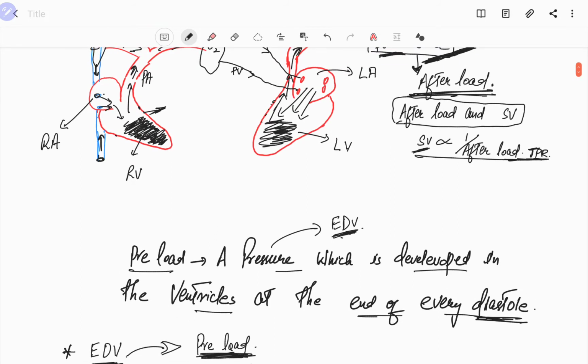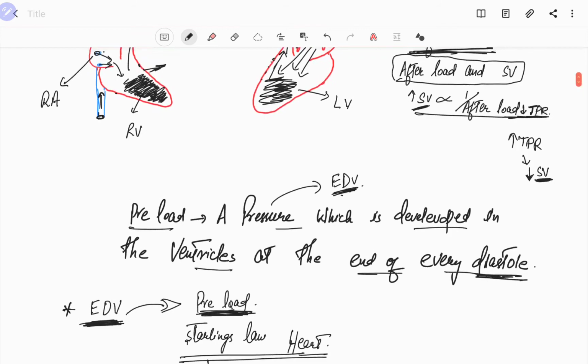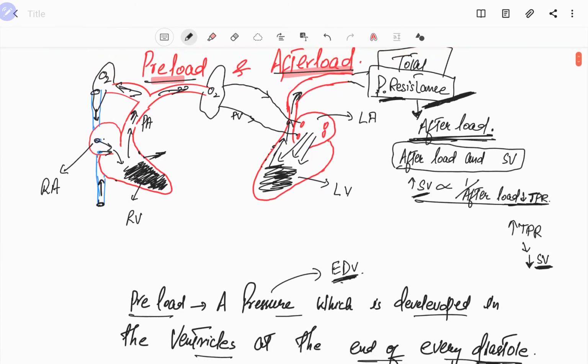It means that the more the total peripheral resistance, the less the stroke volume. That is, our heart will not be able to pump all the blood against this total peripheral resistance. So this was the simplest definition.